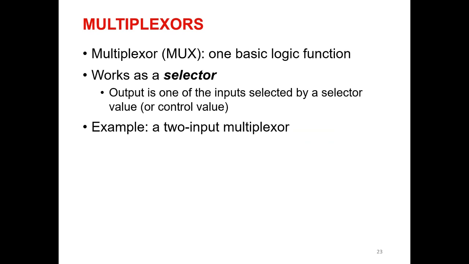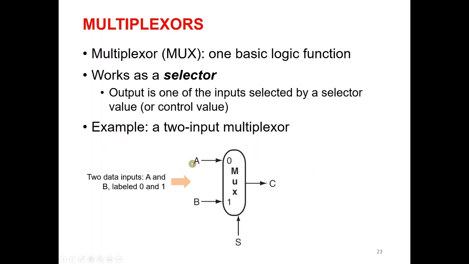We have two data inputs, A and B. In this case, they are labeled as 0 and 1. And then we have one selector, which is S. Depending on the value of this selector, the input A or the input B will be selected.